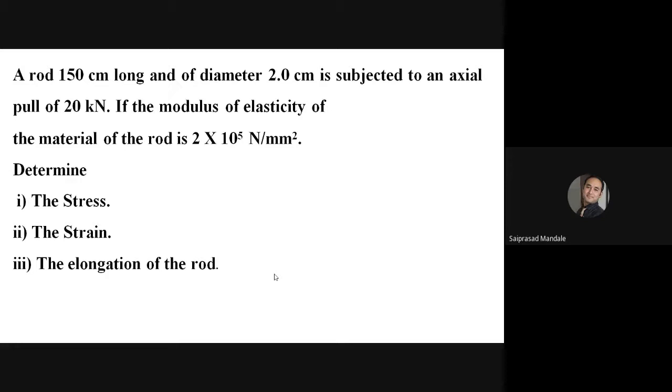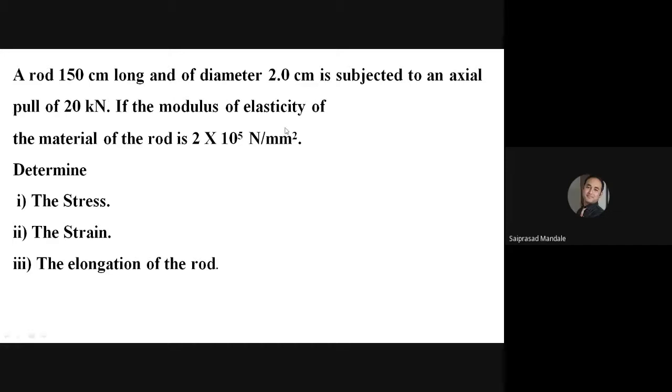So the first parameter, we have a rod that is long, meaning the length is given to us: 150 centimeter. Diameter 2 centimeter is given to us, and axial pull means it is tensile or compressive. Tensile. 20 kilonewtons is given to us.